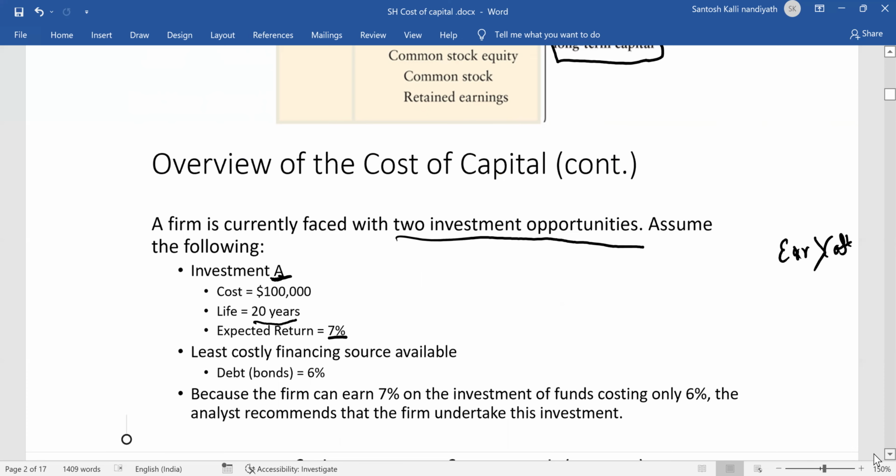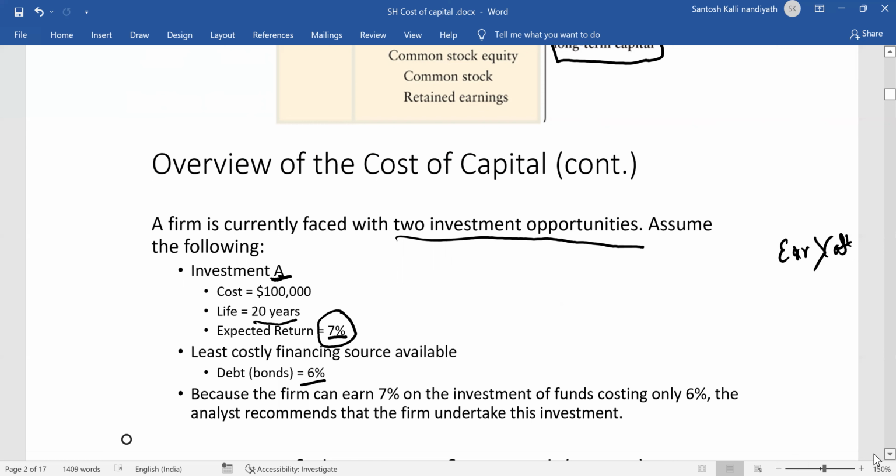Expected return is 7%. If you are investing 100,000 today, you will get a return of 7%. Least costly financing available is debt, that is 6%. It means if you borrow that money through debt, you need to pay 6%.